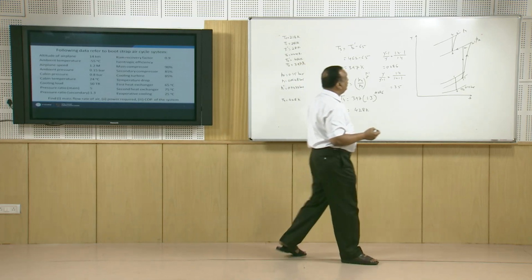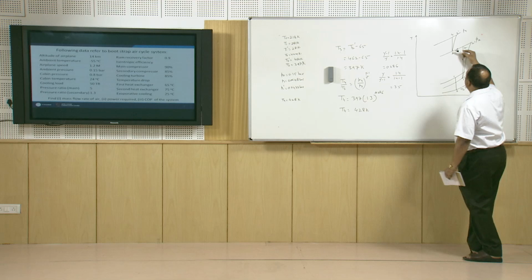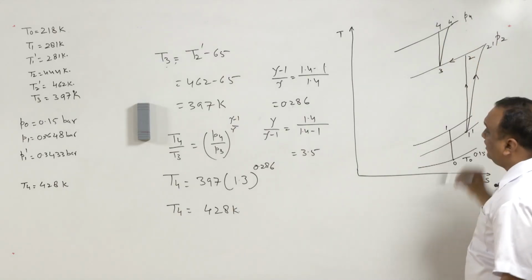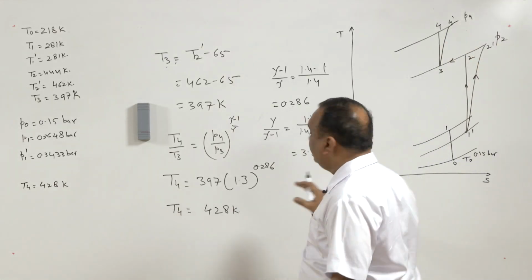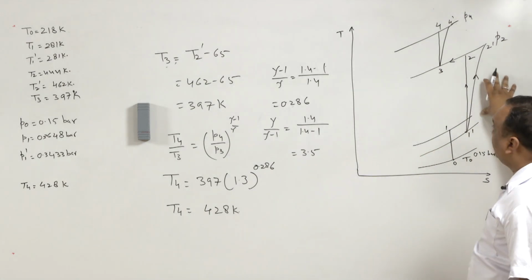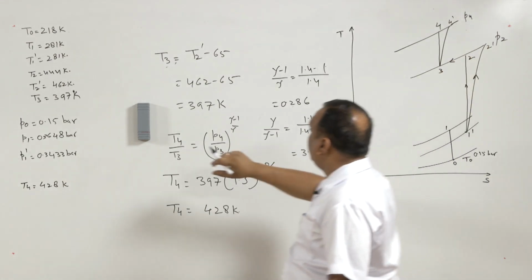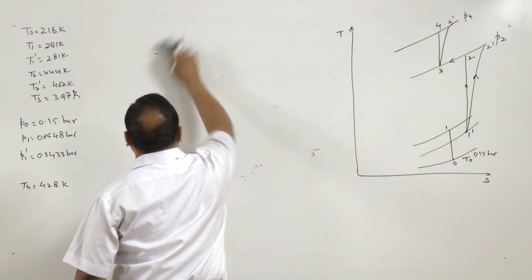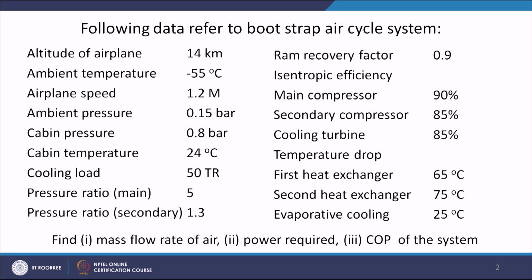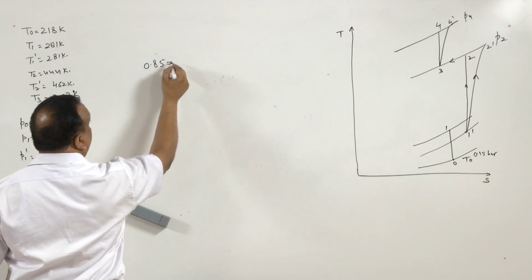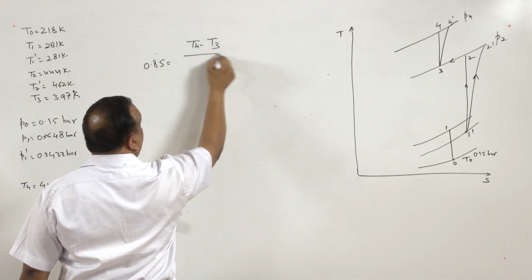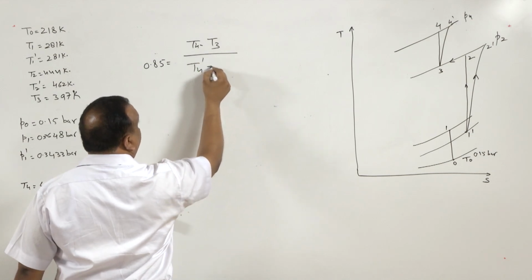Now, this process is also not a reversible process. So, instead of having the state here, we will get state 4 dash, and as we did in the case of the main compressor, here also we will use the same formula using the efficiency of the compressor. The efficiency of the second compressor is 85%. So, 0.85 is equal to T4 minus T3 divided by T4 dash minus T3.